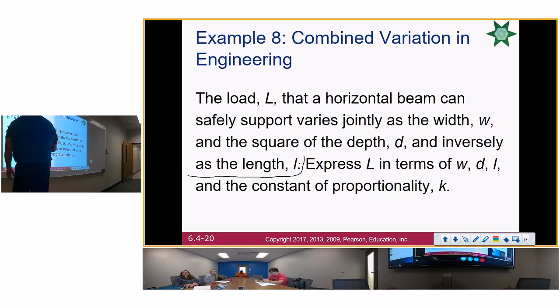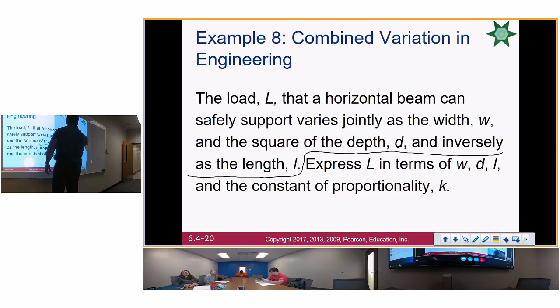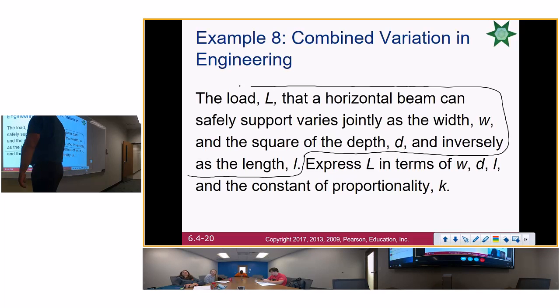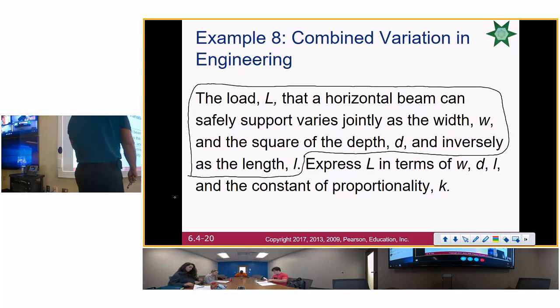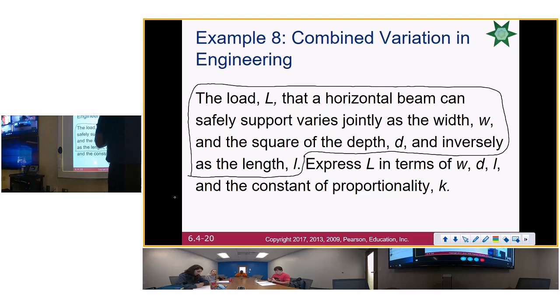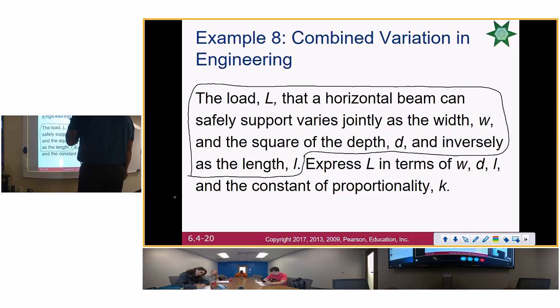So I want everybody to do that right now. It says jointly as the width and as the square of the depth and inversely as the what? Length.